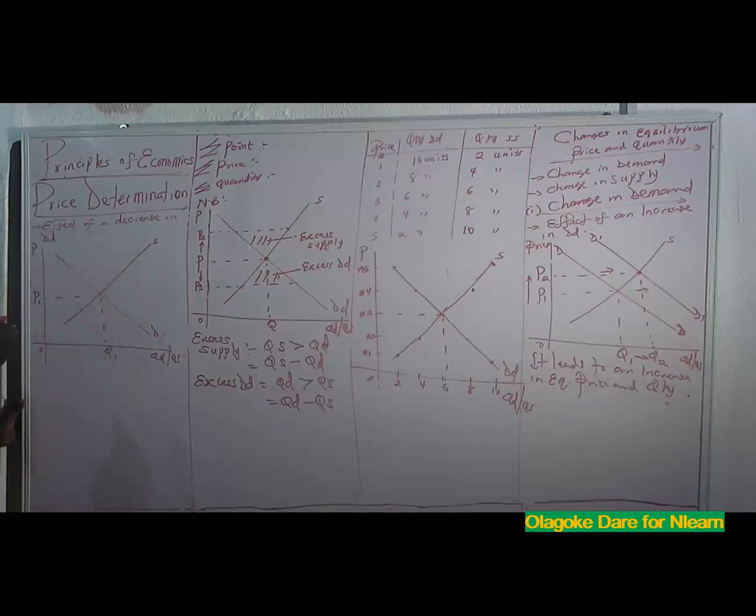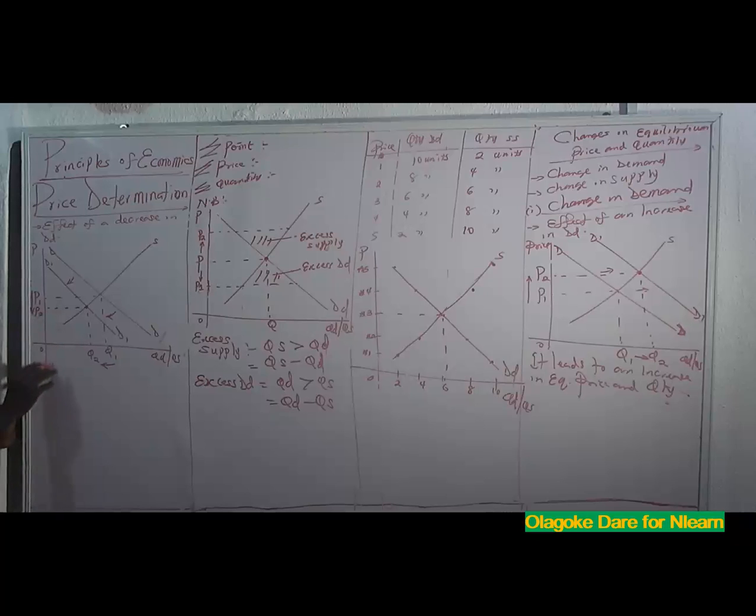A decrease in demand is a leftward shift in the demand curve, like this. So I have a new demand curve. I call it D1, and this is D. With this new demand curve, I have a new equilibrium. So I'll trace it down. I have Q2, you can see the decrease, and I have P2. The arrow is signifying decrease.